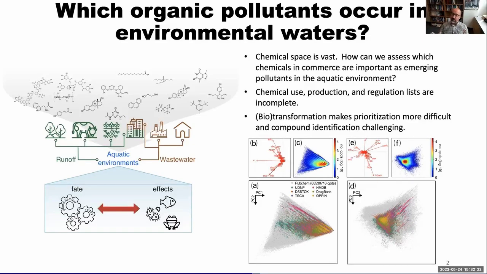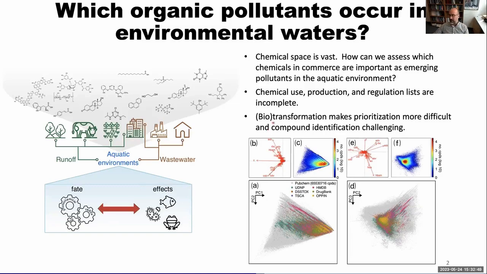Not only do we face challenges with accessing all of these compounds analytically, but also challenges based on just the sheer volume of compounds that we're trying to annotate. Unfortunately, when we try to do research on chemical use and production, these lists and compilations of chemical use are just not comprehensive enough for us to really prioritize.